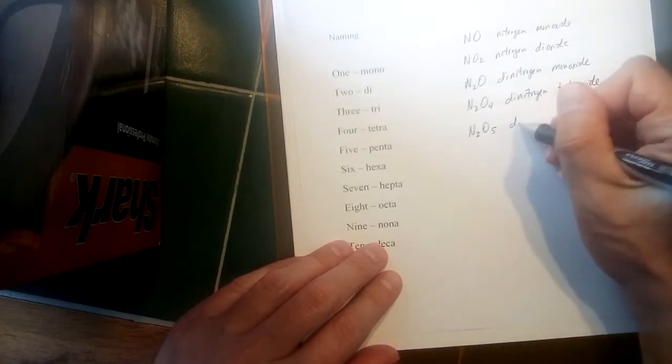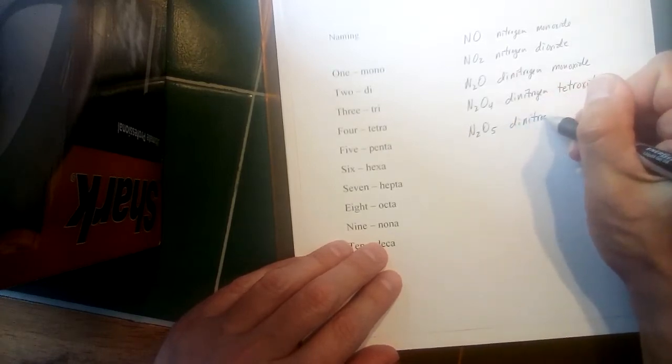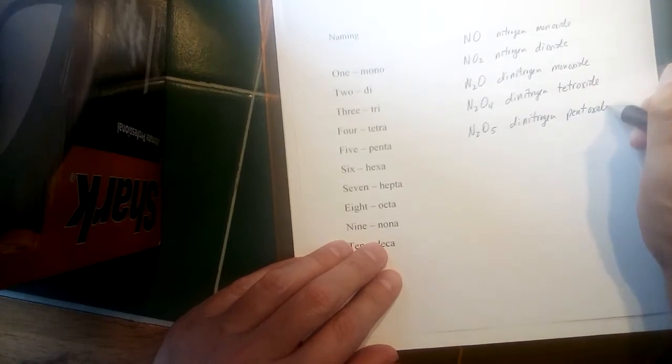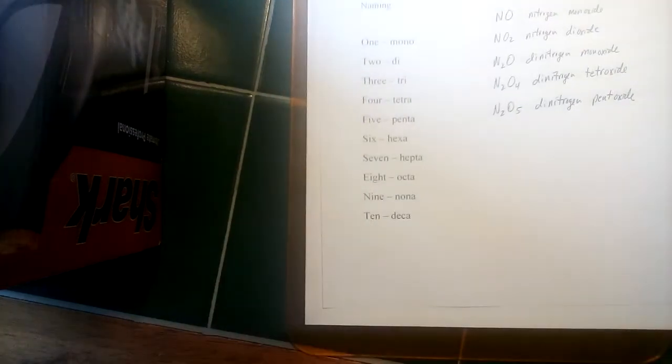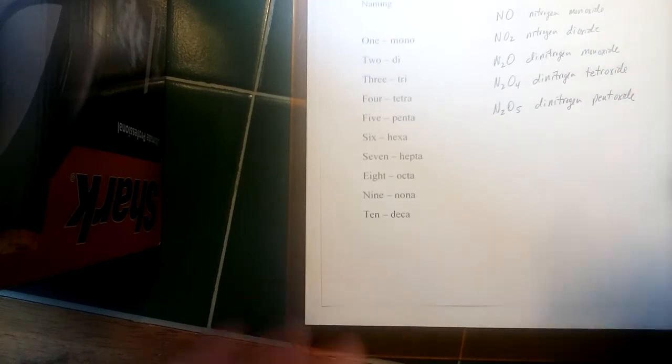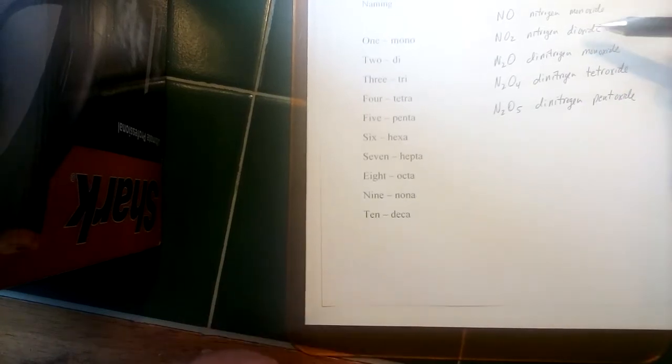N2O5 would be dinitrogen pentoxide. Okay. Now the only time we don't drop that extra vowel is if it's an I. So if there's 2, dioxide, we keep the I because I and then O break cleanly into 2 syllables in a way that 2 O's together generally don't.